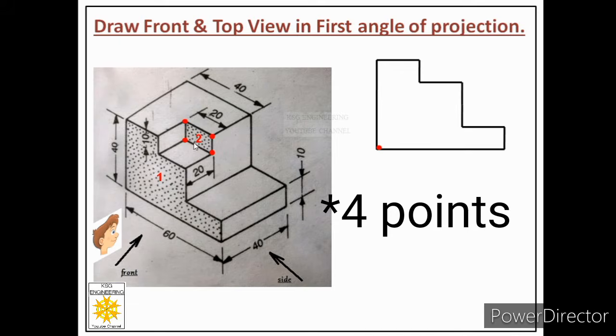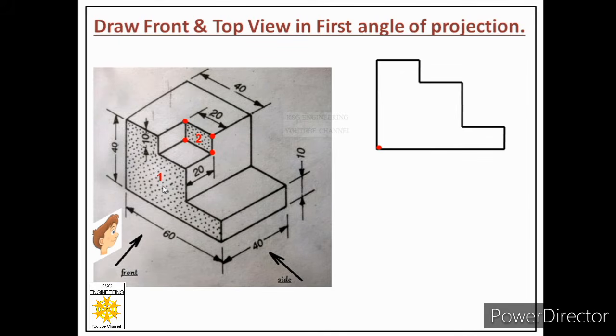Now in order to locate this point with respect to first phase, we will pick any one point. So let us pick this point of that phase. Then locate that point in phase number 1. Remember, we are looking from this side, from front.